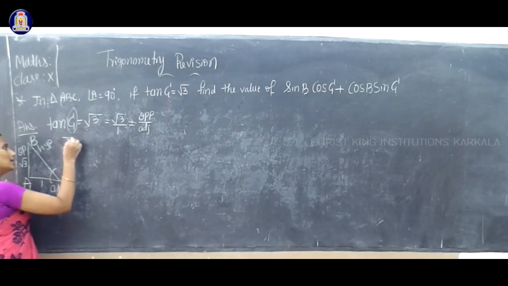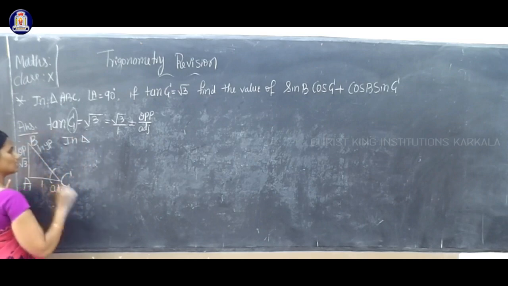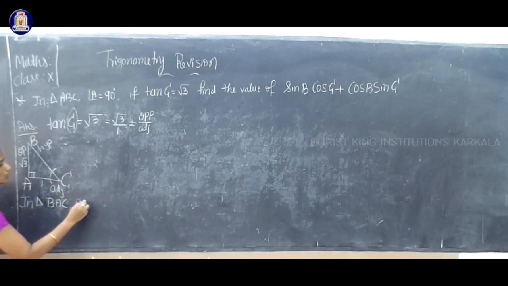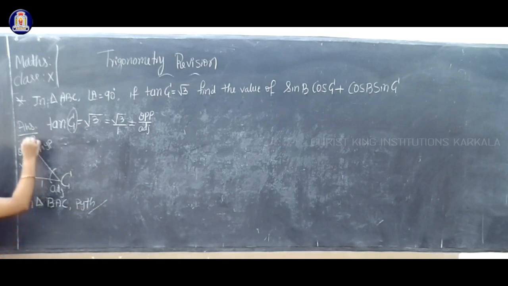In the right angle triangle BAC, because A is 90 degrees, use the Pythagoras theorem. What is the Pythagoras theorem?